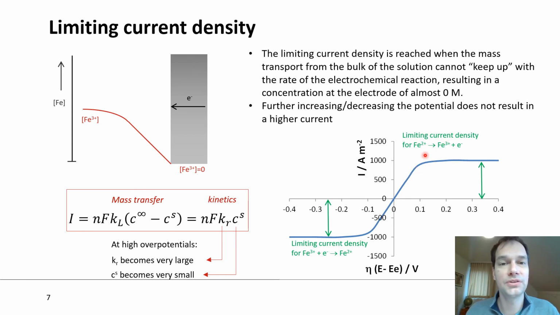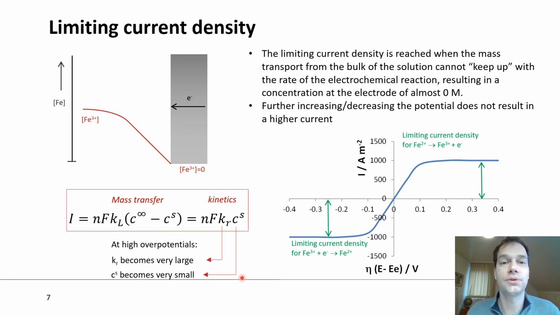And this is basically the point where the concentration near the electrode starts becoming zero. And if you then increase the potential further, basically nothing happens anymore to the reaction rate. It remains constant. And that is because this mass transfer term is a constant value. It's not increased anymore. So even though at the same time the Kr is increasing further and further, it also means that the Cs, concentration at the surface, is dropping further and further.